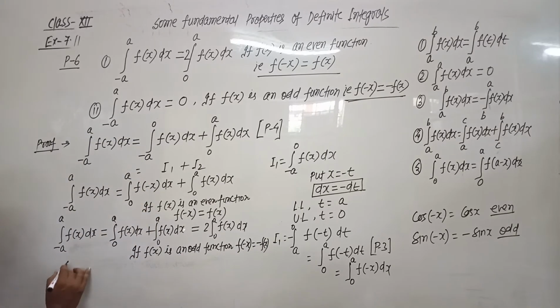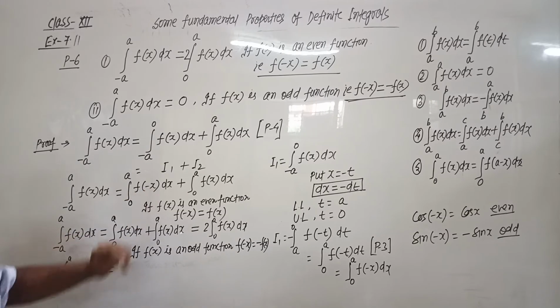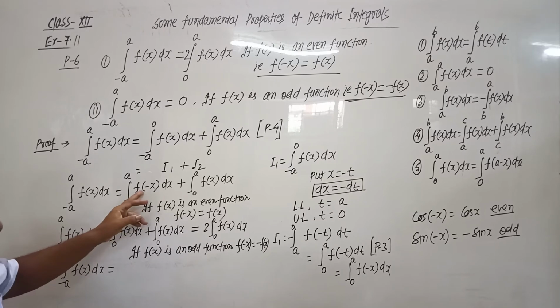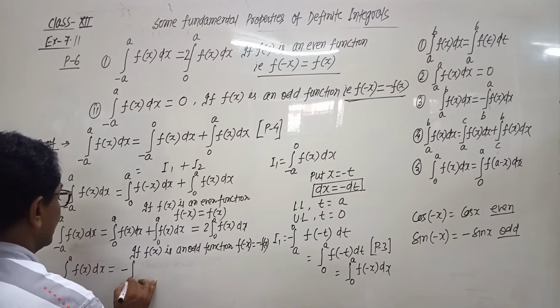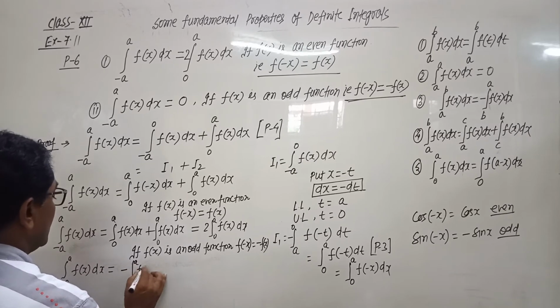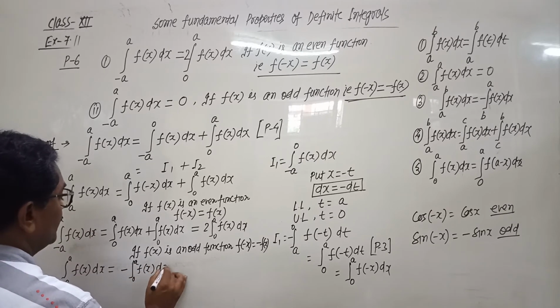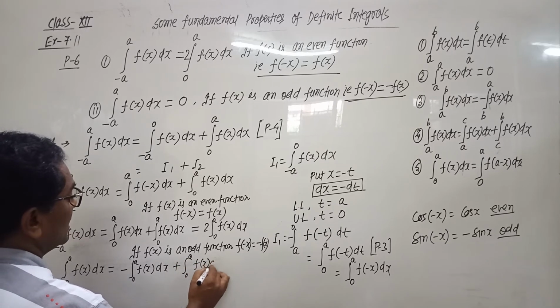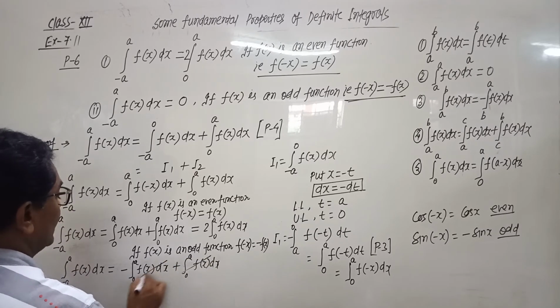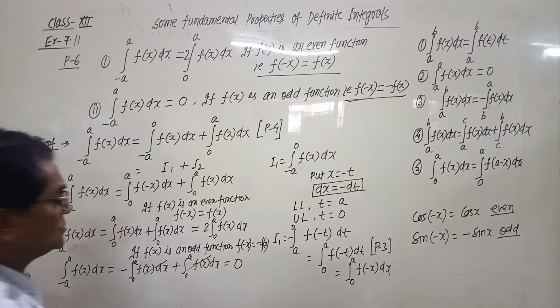Then in this case, integral from minus a to a of f(x) dx equals this f of minus x, which becomes minus f(x). So minus integral 0 to a f(x) dx plus integral 0 to a f(x) dx, and the minus and plus get cancelled and it becomes 0.